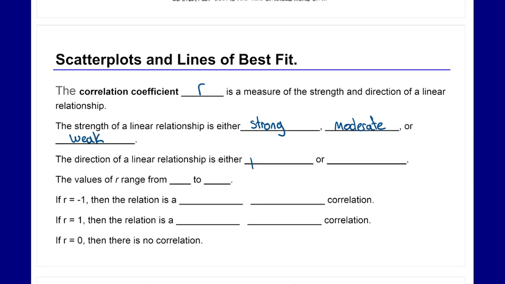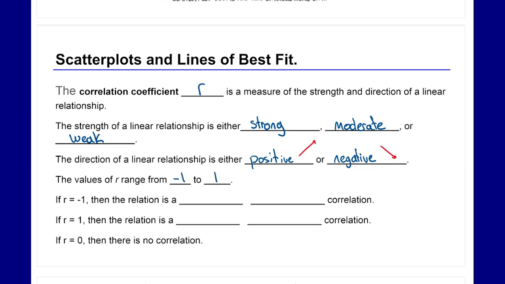It's either positive, which means it would look something like this, going upwards, or it is negative, which would be kind of going downwards. And these R values, they can range from anywhere from -1 to +1.